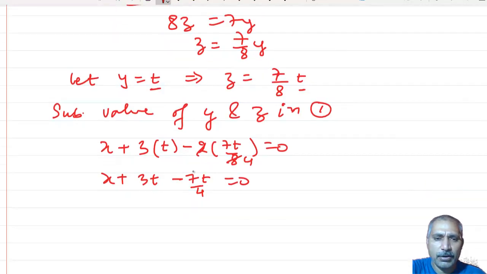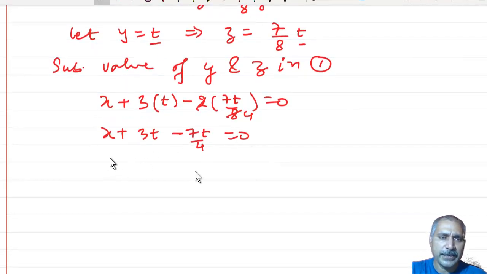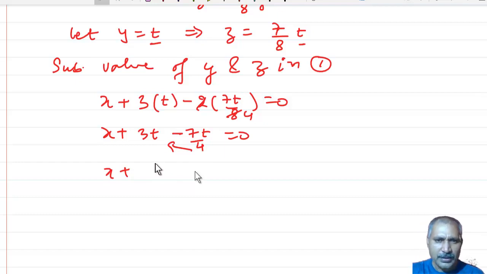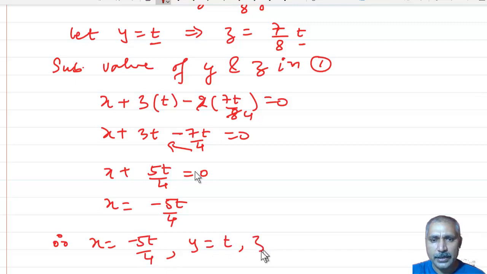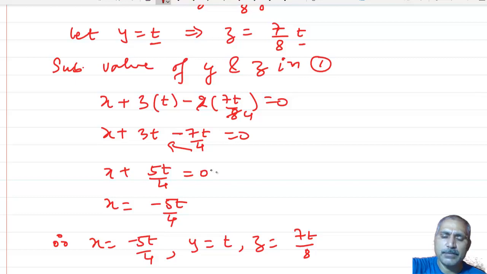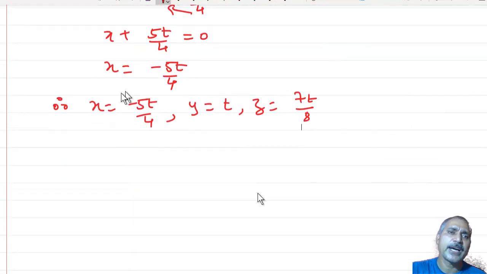We will take all the t terms on the right side. First we take the LCM: 4 threes are 12, 12 minus 7 is 5. This is going to be 5t upon 4 is equal to 0. So x is equal to minus 5t upon 4. Therefore x is equal to minus 5t upon 4, y is equal to t, and z is equal to 7t upon 8. By taking different values of t, we can have infinite solutions.